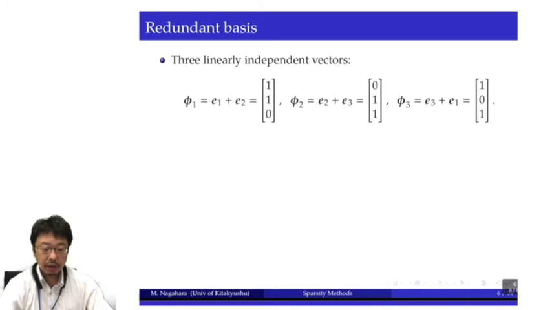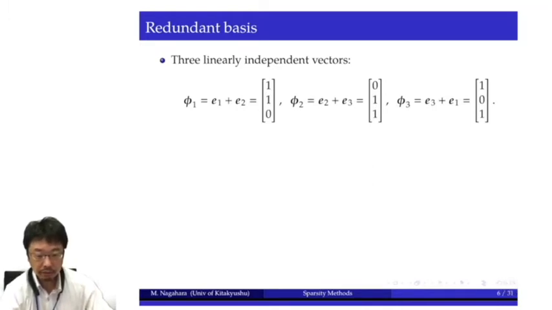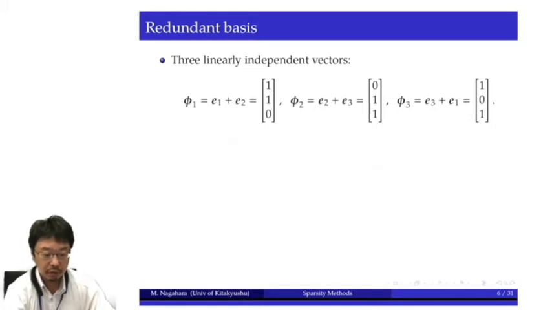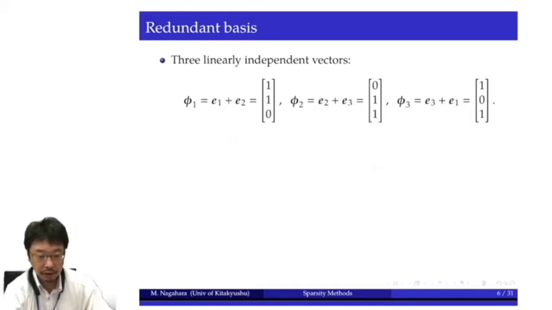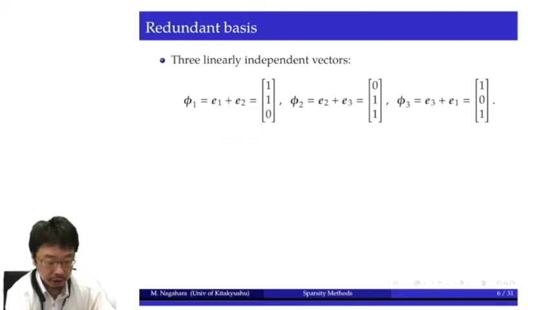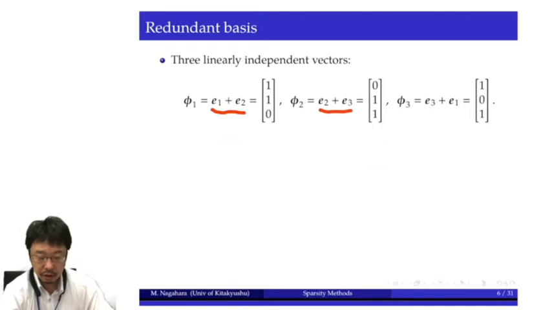Now, let us consider another set of linear independent vectors of phi 1, phi 2, and phi 3 defined by these equations. Namely, phi 1 is defined by E1 plus E2, phi 2 is E2 plus E3, and phi 3 is given by E3 plus E1.